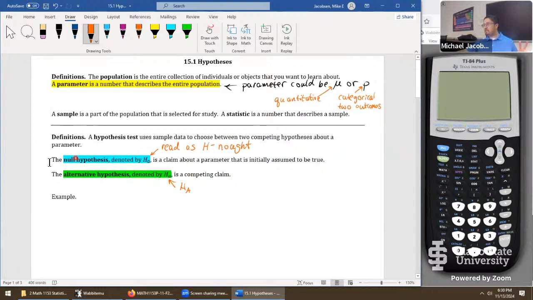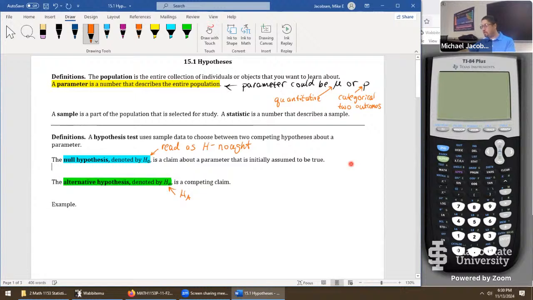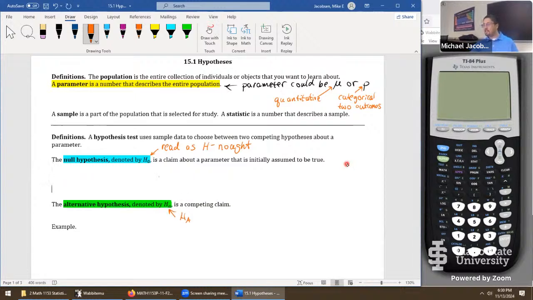So we have two claims. The null hypothesis is a claim that's initially assumed to be true. Another way to say it is, your null hypothesis statement is the status quo. A statement that things are still the same, nothing's changed, that kind of statement.